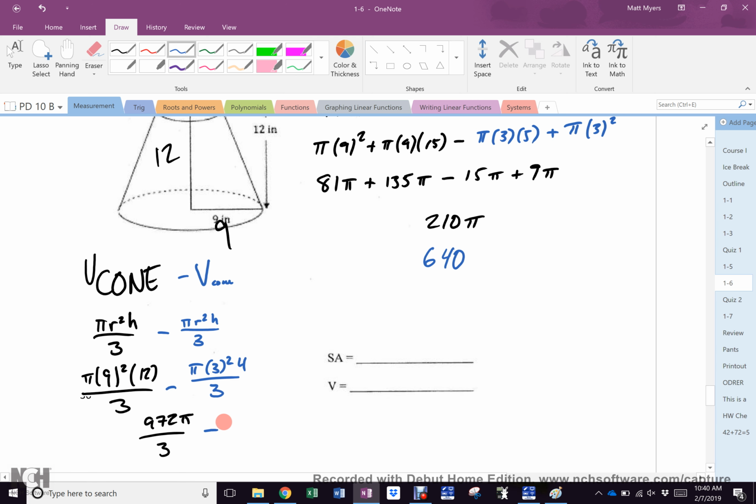And the little one is 36 pi over 3, which gives you 936 pi over 3. 936 divided by 3 is 312 pi, which would be somewhere in the neighborhood of 975.